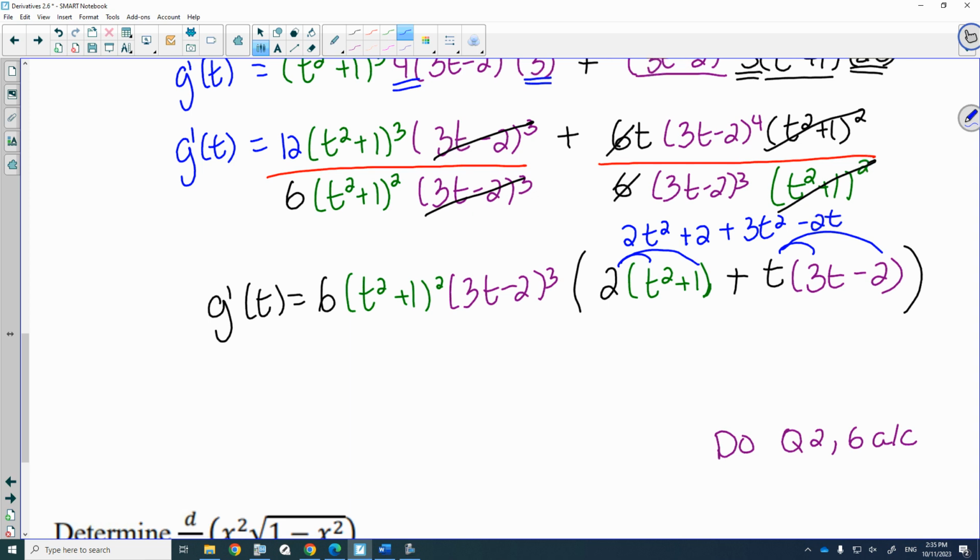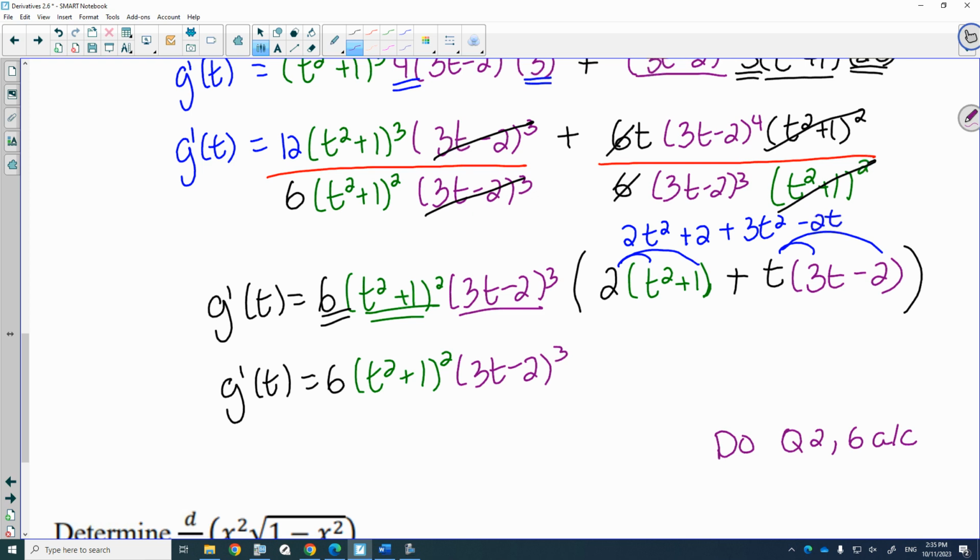Okay, so what I'm left with is g prime of t is equal to 6 times t squared plus 1 squared, 3t minus 2 cubed, and then this last bracket, 5t squared minus 2t plus 2. And that would be my answer.